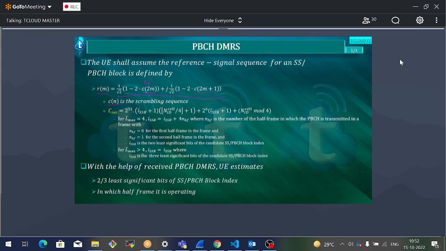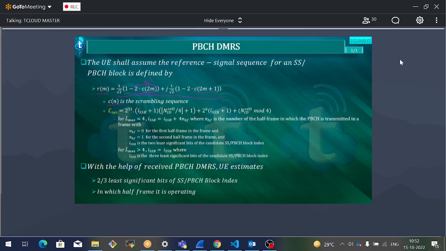But the scrambling bits are always going to be 0 or 1. If you substitute 0, this whole term will become 0. Because if C of 2m, wherever it is, is 0, you have 1 minus 0. So 1 minus 0 is 1, and it becomes 1 by square root of 2.